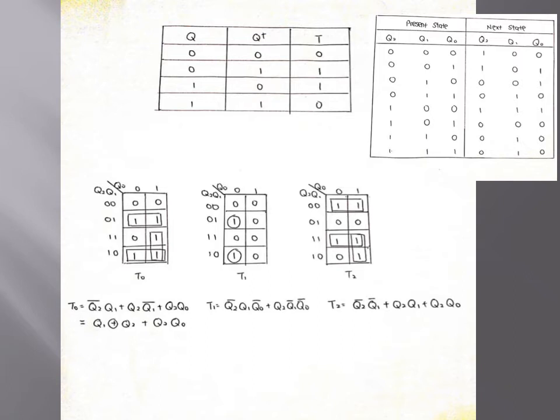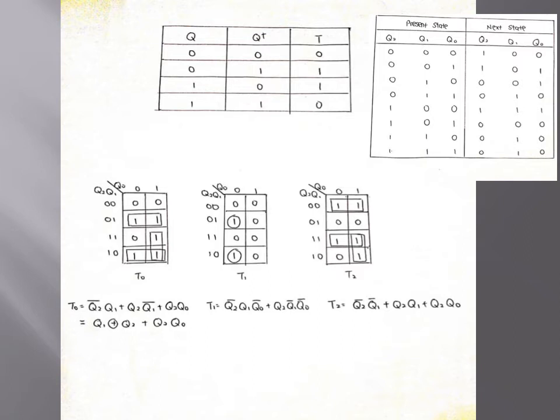So Q2 bar Q1 plus Q2 Q1 bar is equal to Q2 exclusive-OR Q1, plus Q2 Q0. This means Q2 circled plus Q1 is the exclusive OR gate. We use an exclusive OR gate.